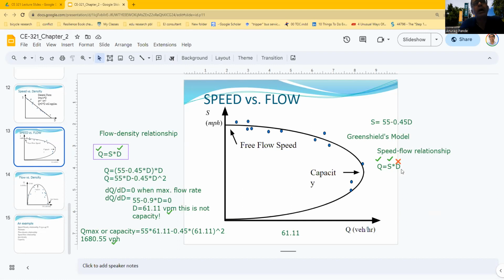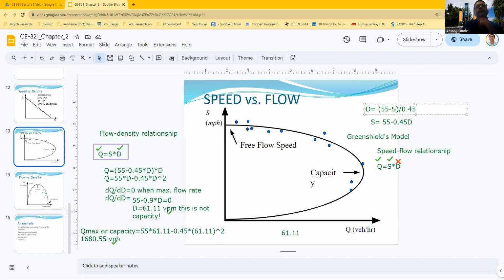So if I want only these two, all I need to do is replace the density in this relationship from this equation. If I rewrite that relationship of Q equal to 55 minus 0.45 D, I can write that in the form of D equal to 55 minus S, times 1 over, or divided by 0.45.